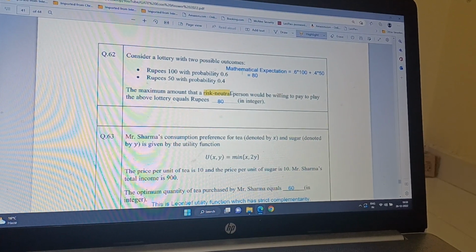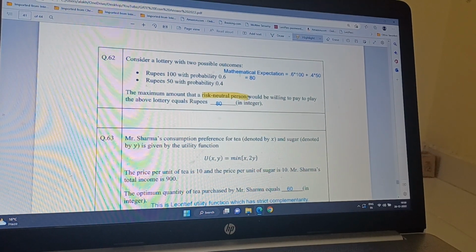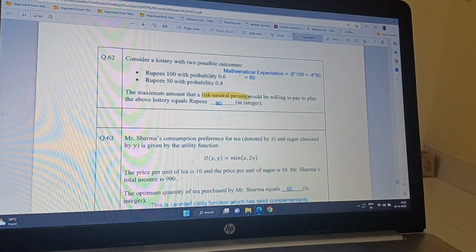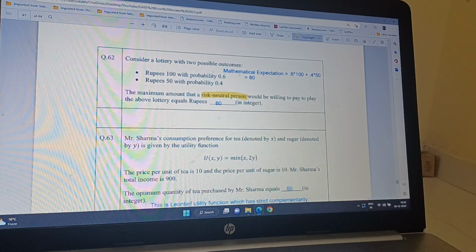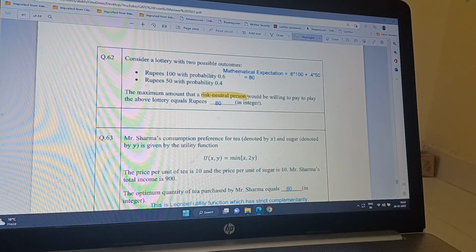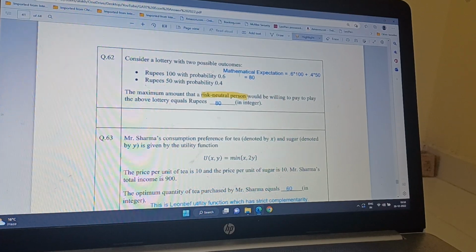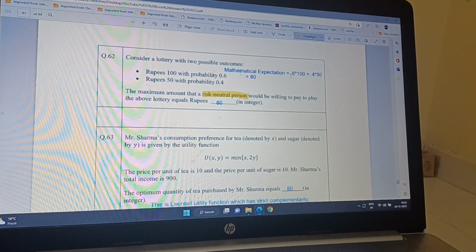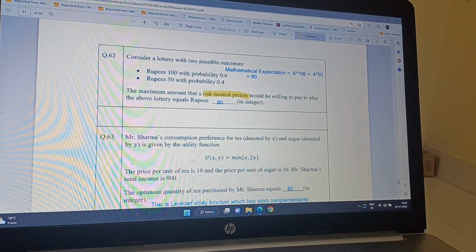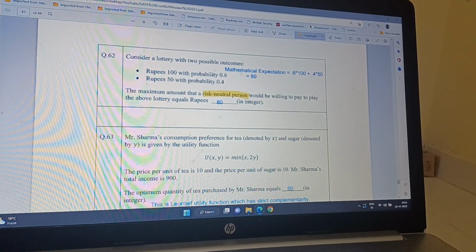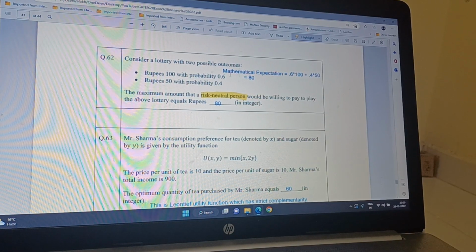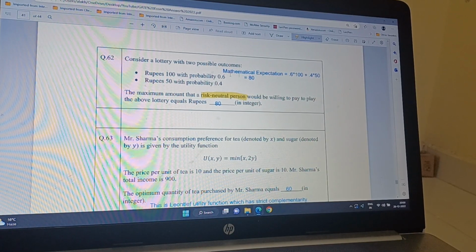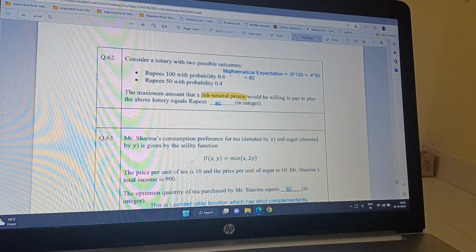Had he been a risk averse person, he would have paid less than the mathematical expectation, and had he been a risk lover, he would have paid more than the mathematical expectation. So we calculate the mathematical expectation, which is equal to 0.6 times 100 plus 0.4 times 50, which is equal to 80. So a risk neutral person would be willing to pay rupees 80 for this lottery.